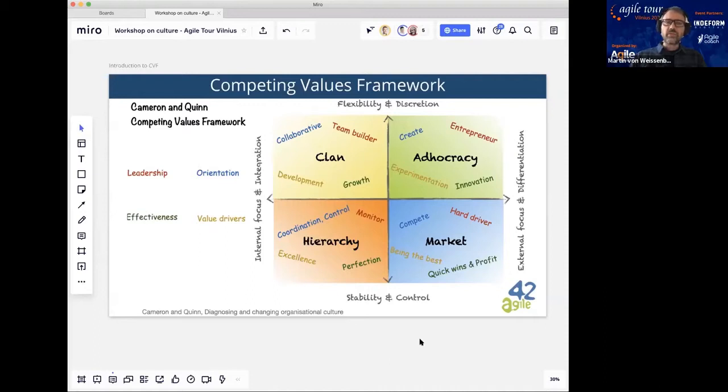And then the value drivers are the last to tag along. So if you want to see change in this system over time, you would need to start with the leaders and the orientation, and they need to be in sync. Then over time you will see that the understanding of effectiveness follows along, and then finally the values or the value drivers.